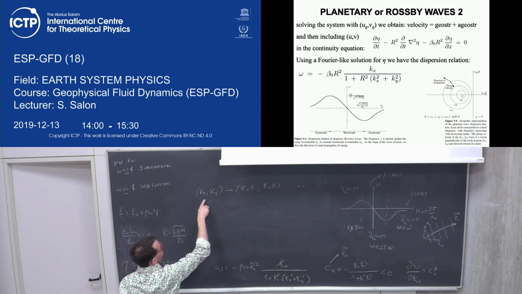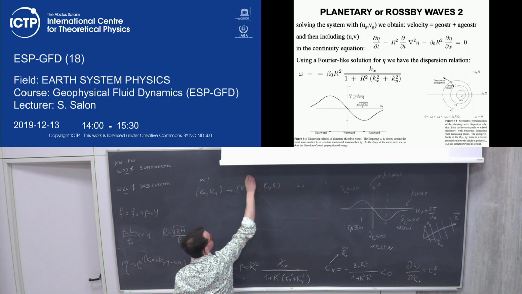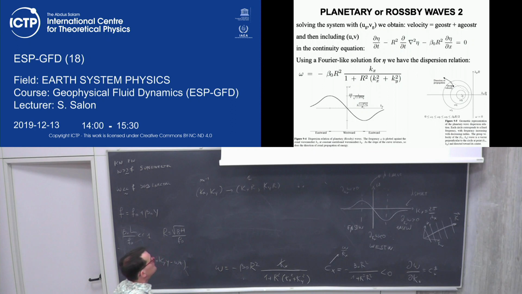Dimensionally this is meters to the -1, right? And this is dimensionless, because it's one inverse to the other. So what we can find is this expression here.